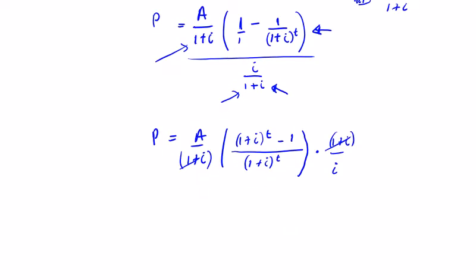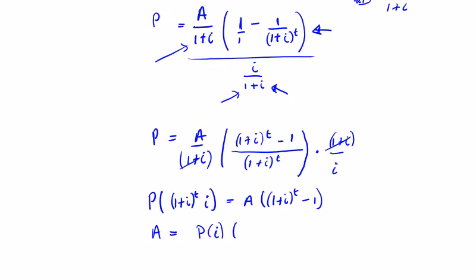So we'd have P by the bottom: P by (1 plus I) to the power of T, by I, equals A by (1 plus I) to the power of T minus 1. Now I just want A, so A is equal to P times I times (1 plus I), in the order they want it in, to the power of T, dividing by (1 plus I) to the power of T minus 1.